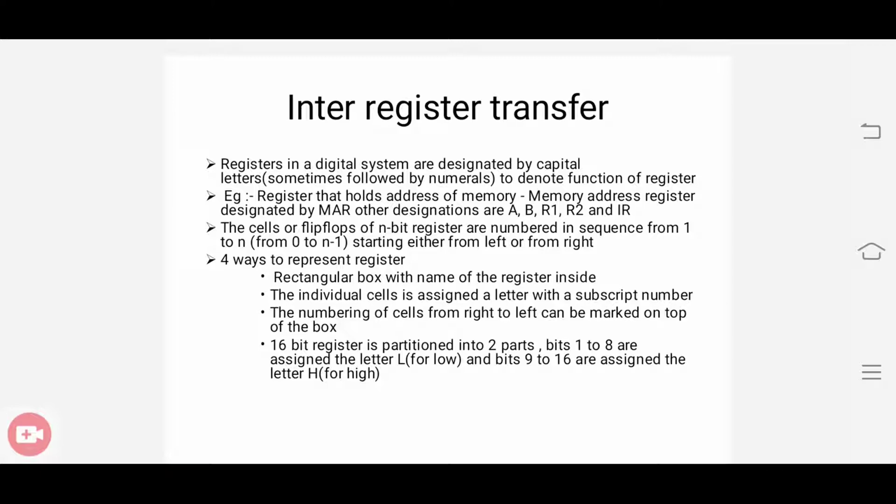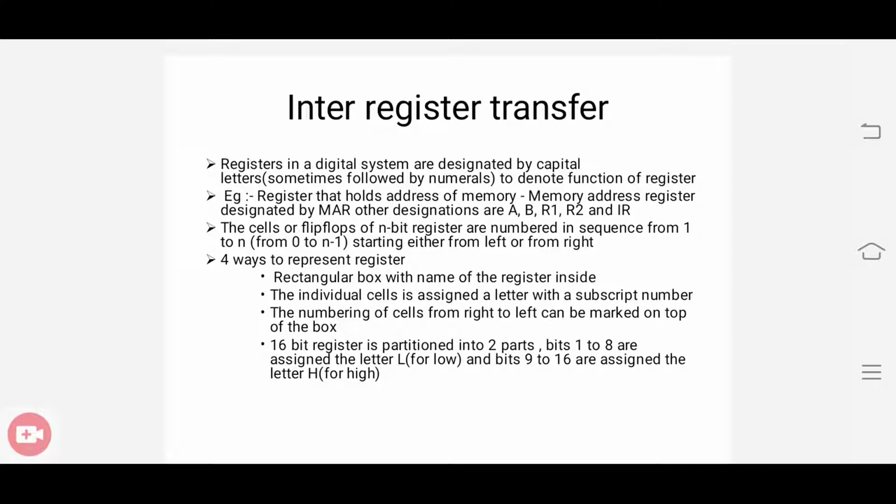So, how to represent these registers in a digital system? By using capital letters like MAR, A, capital B, R1, R2, etc. Registers in a digital system are designated by capital letters.